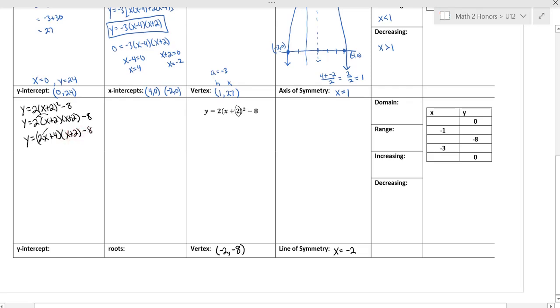And then I'll distribute 2x times x, 2x times 2, 4 times x, 4 times 2. We're going to end up with y is 2x squared plus 8x.